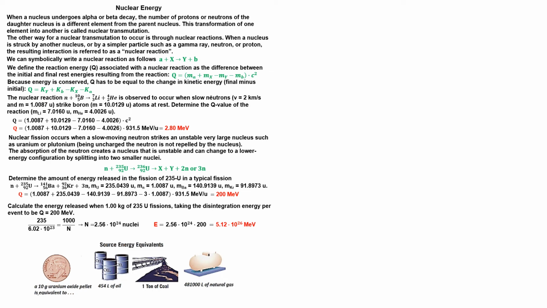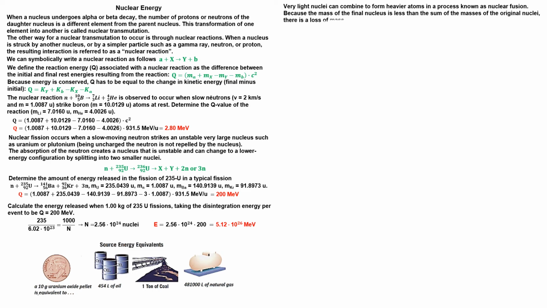Let us now study what happens in the process of nuclear fusion. Very light nuclei can combine to form heavier atoms in a process known as nuclear fusion. Because the mass of the final nucleus is less than the sum of the masses of the original nuclei, there is a loss of mass, accompanied by a release of energy.